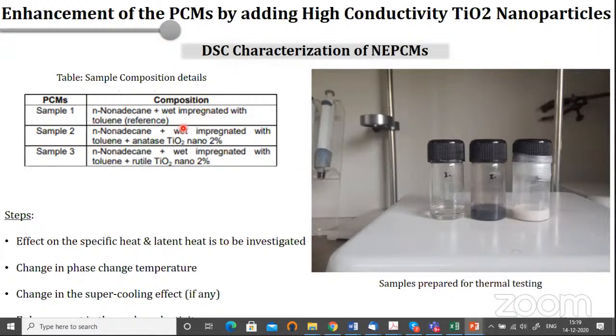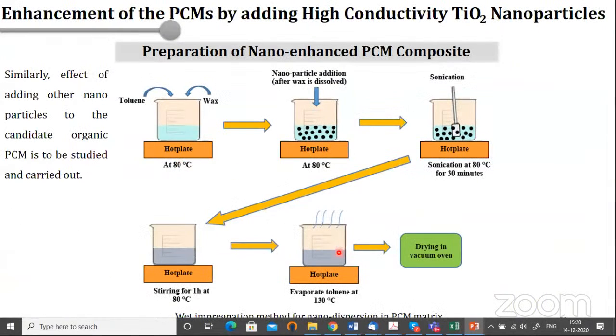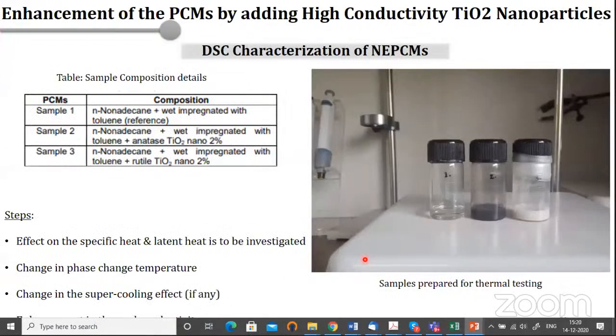After going through this process to get a nano enhanced phase change material, we found the effect on both specific heat and latent heat by introducing it to the differential scanning calorimeter, which I discussed at the beginning.